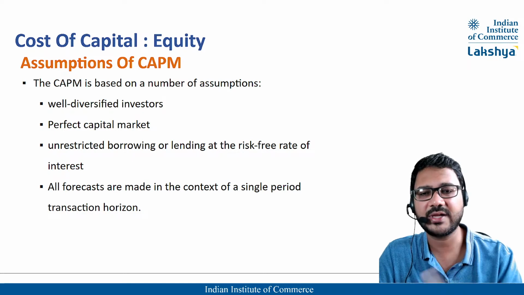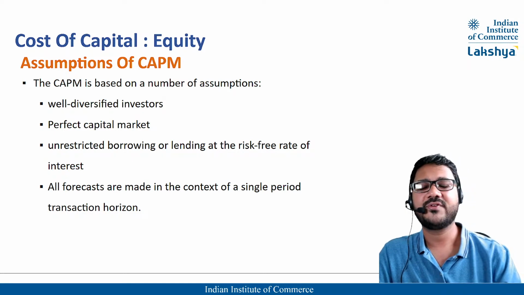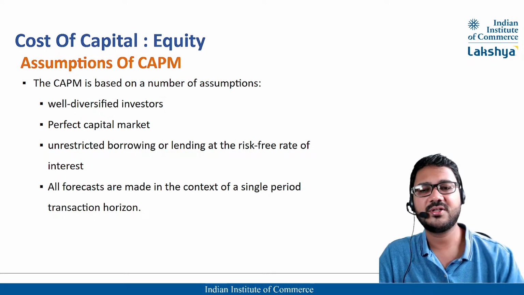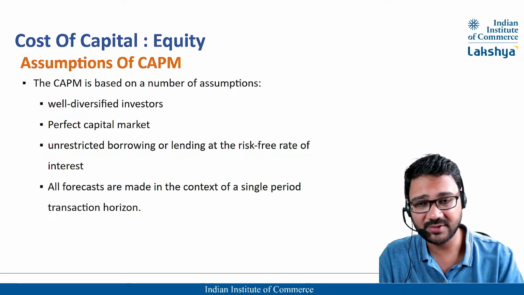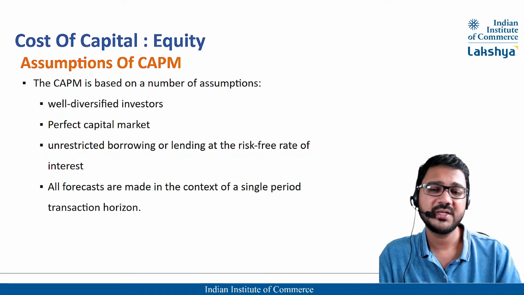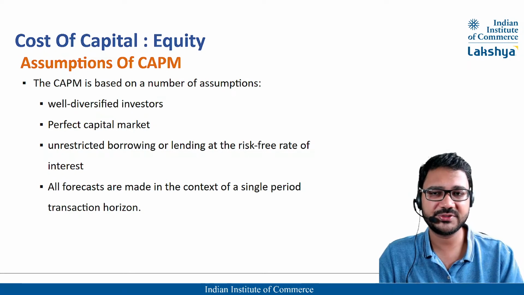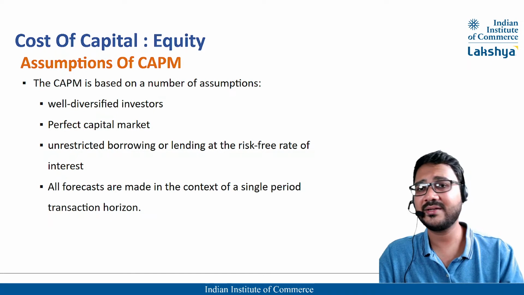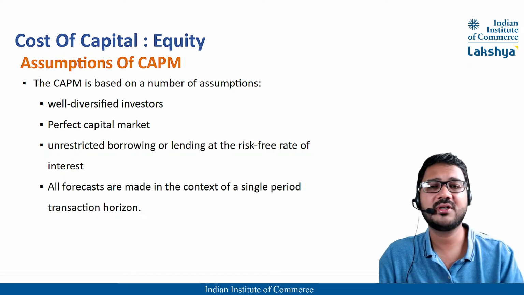You have been asked to find out whether this project is worthwhile or not. For that you first have to find out the WACC. In order to find the WACC, you found out the cost of equity and cost of debt. Using this WACC, you discounted the cash flows. Then you arrive at the NPV.